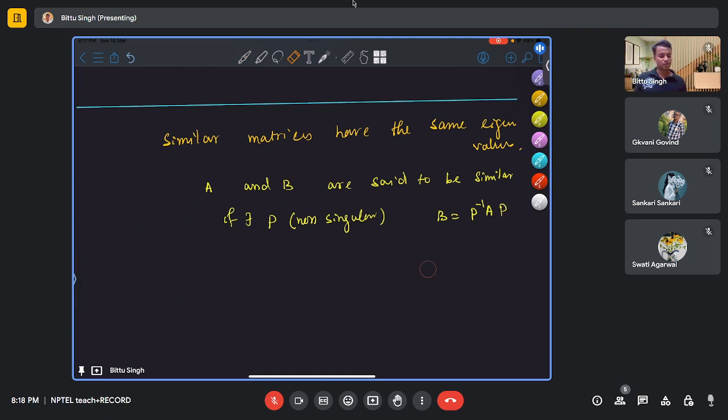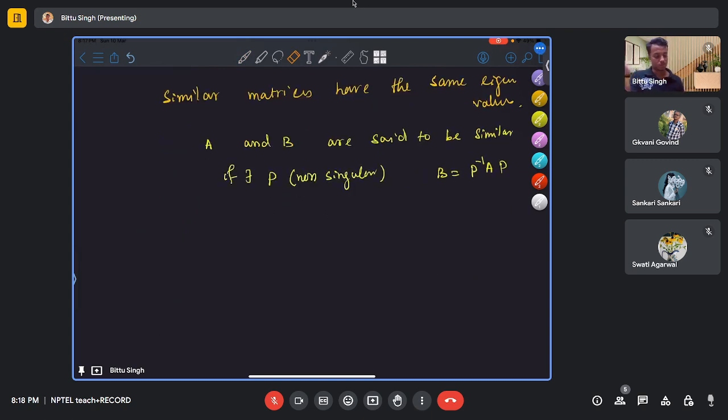So the fact is that similar matrices have the same eigenvalues. How do we check that? This is easy to check, with a small trick. Determinant of B minus xi; we are considering the left hand side of the characteristic polynomial.